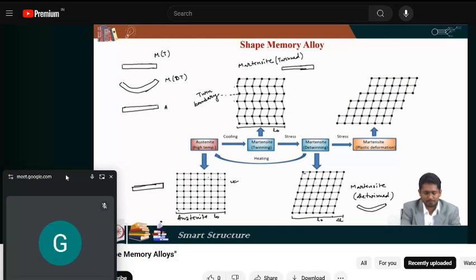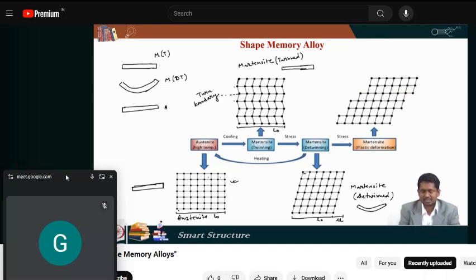So although by heat actuation it regains its original shape, it does not go to the twinned martensite phase, because at the higher temperature the stable phase is the austenite phase, but macroscopically they look the same. So we have twinned martensite, detwinned martensite, and then we apply heat to it and it becomes austenite.